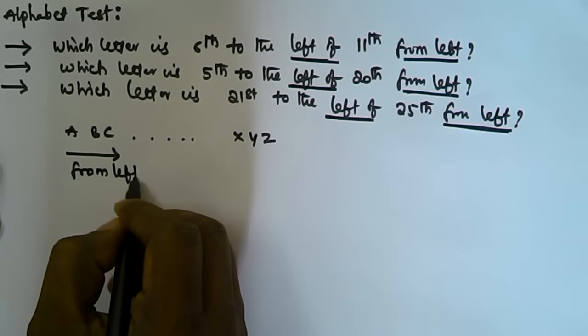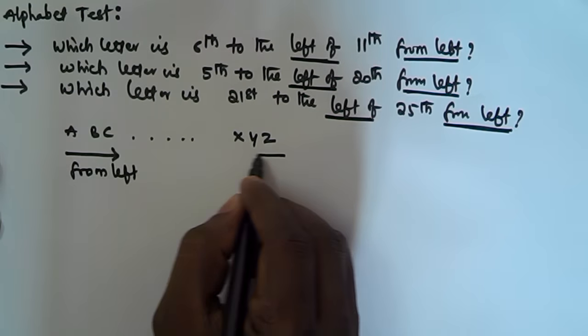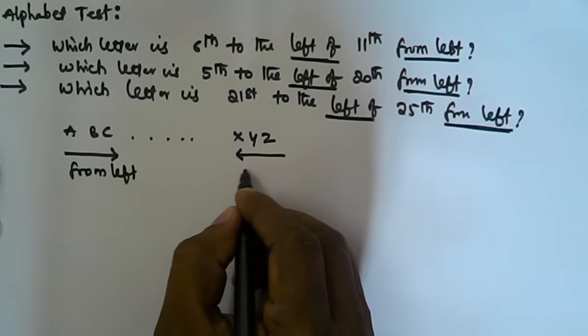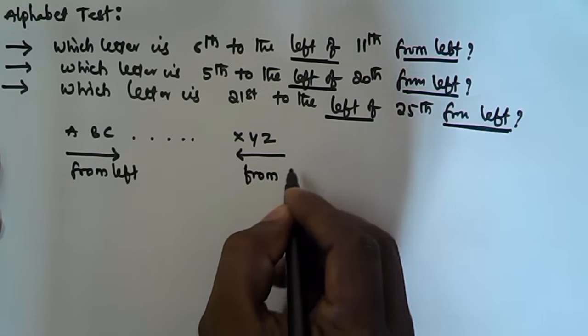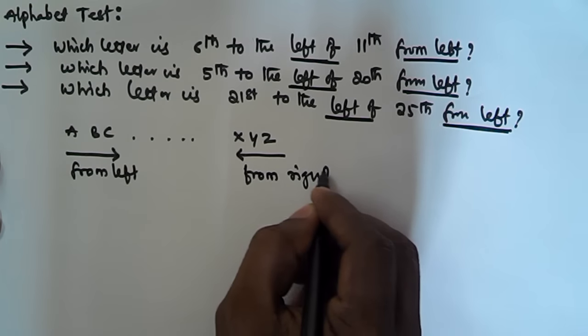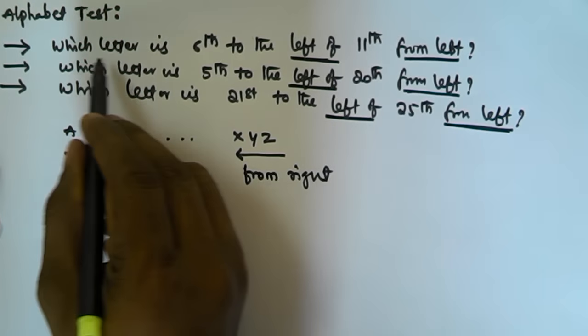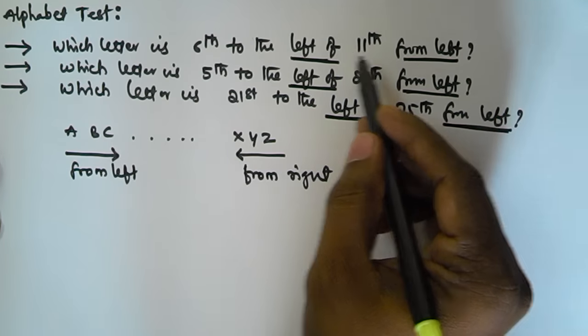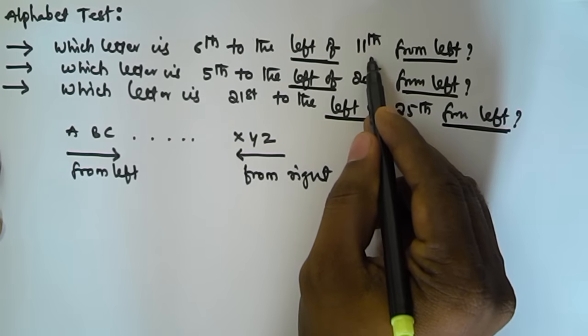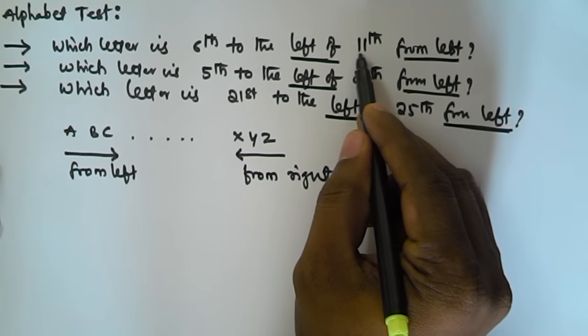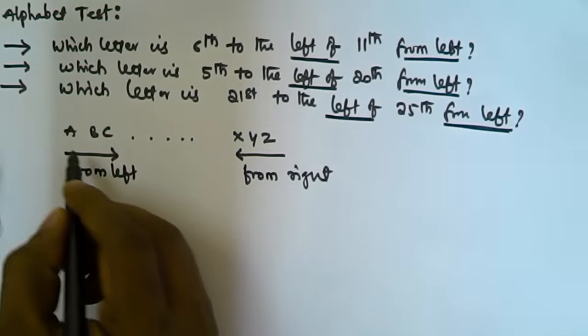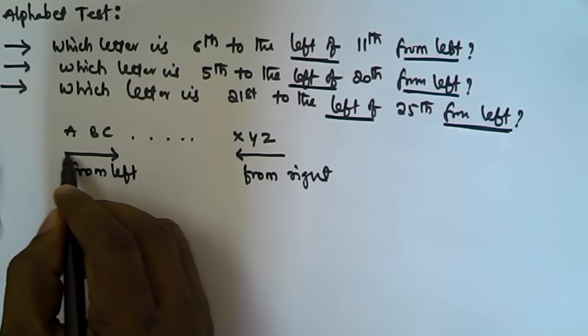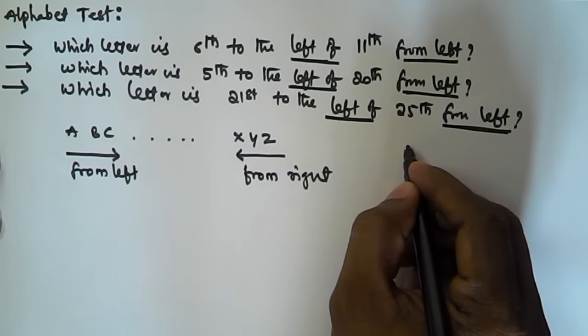I told in the previous videos also, if you start counting from Z towards A, it is called from right counting. Here it is saying which letter is 6th to the left of 11th from the left. So to find the 6th to the left of 11th, first we have to find the 11th from the left.